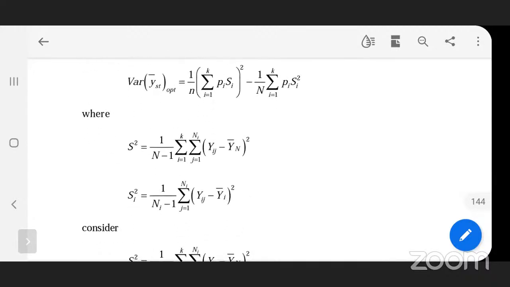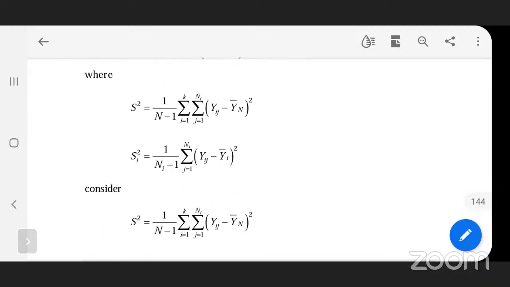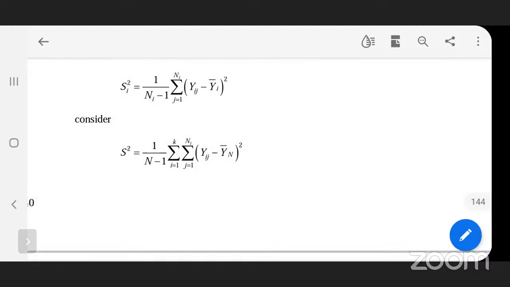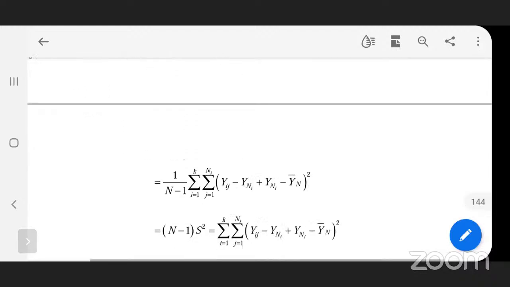S square equals 1 by capital N minus 1 summation i equal to 1 to k summation j equal to 1 to ni of y ij minus y N bar whole square. S i square equals 1 by ni minus 1 summation j equal to 1 to ni of y ij minus y i bar whole square. So S square equals 1 by capital N minus 1 into summation i equal to 1 to k summation j equal to 1 to ni of y ij minus y N bar whole square.